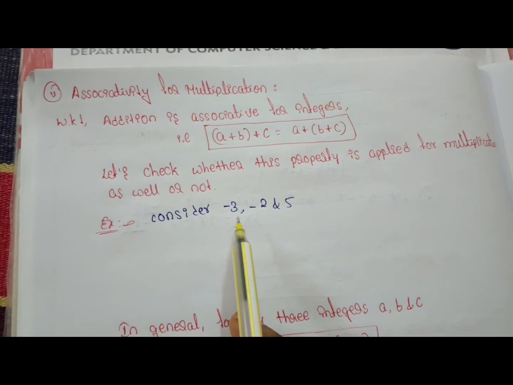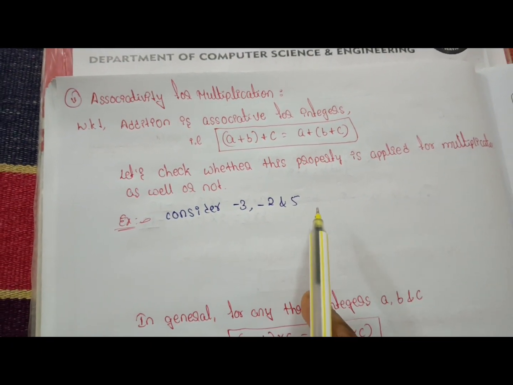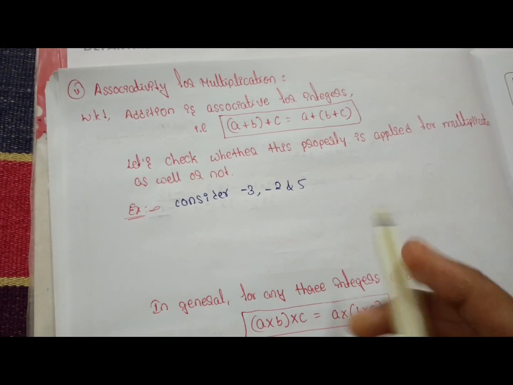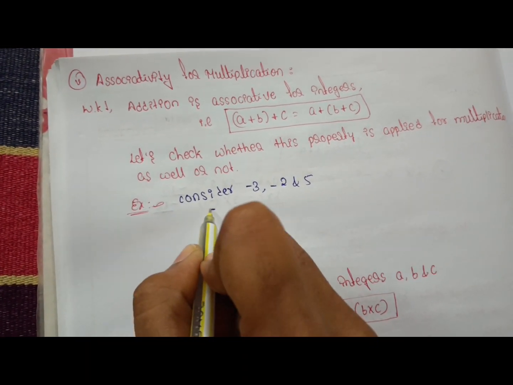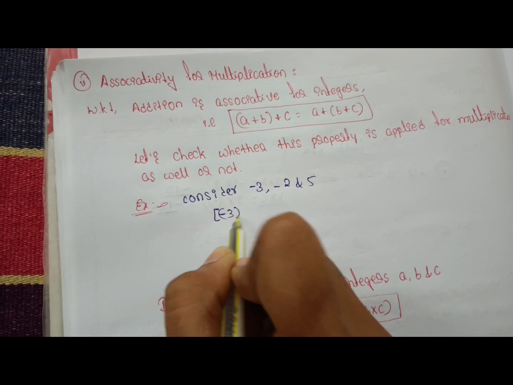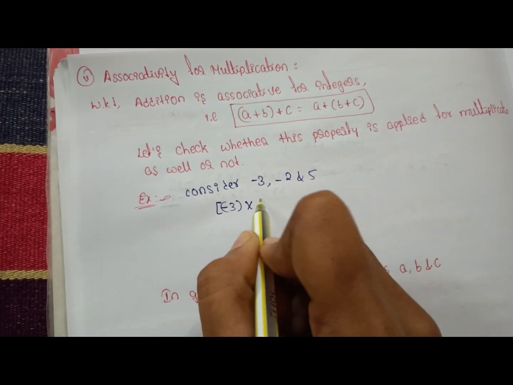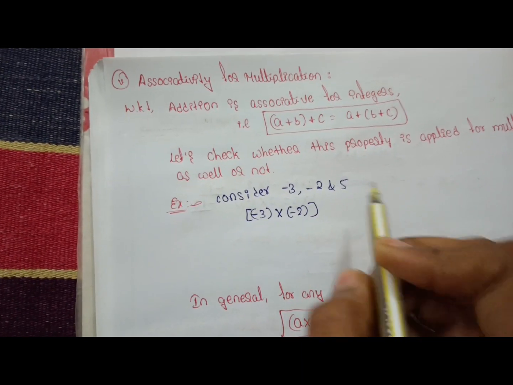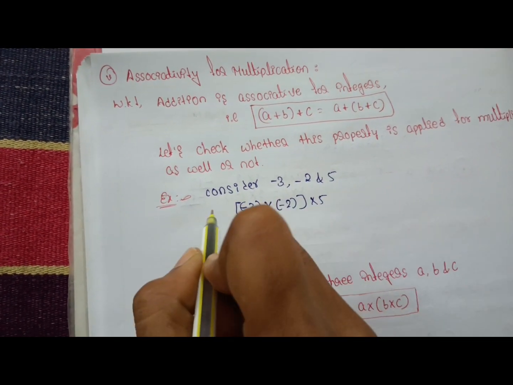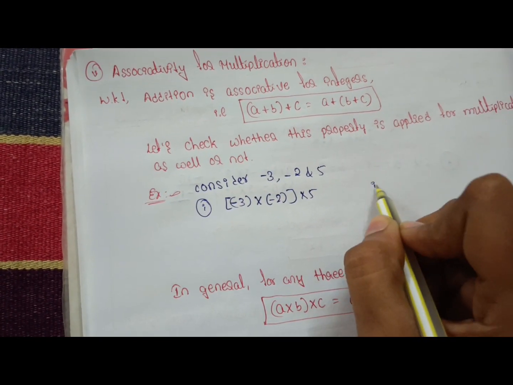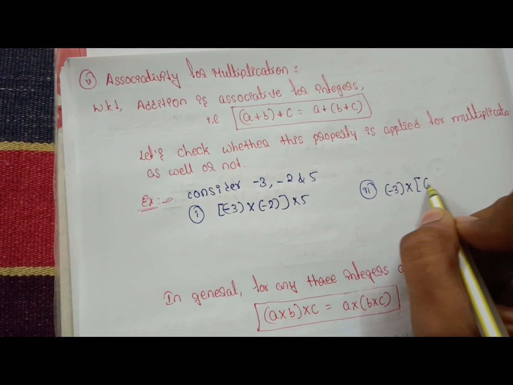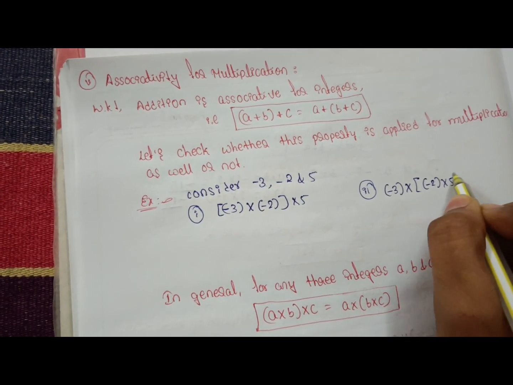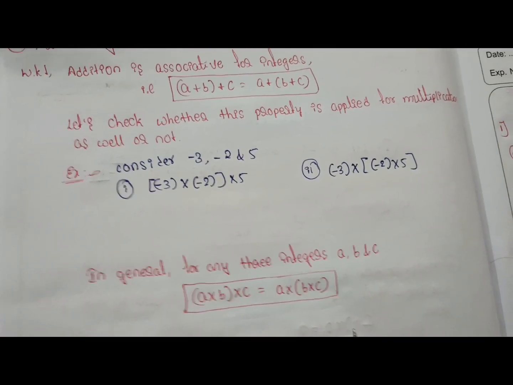These are the three integers a, b, c. I will take two cases by considering these three integers. First case, minus 3 into minus 2 into 5. And second case, minus 3 into minus 2 into 5.